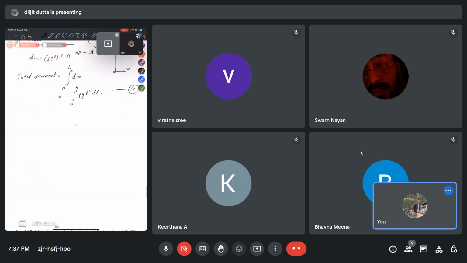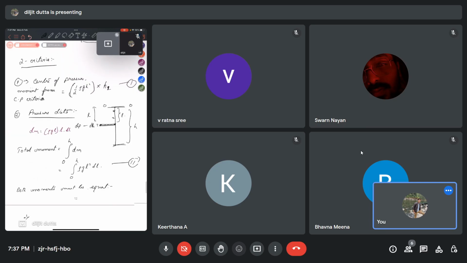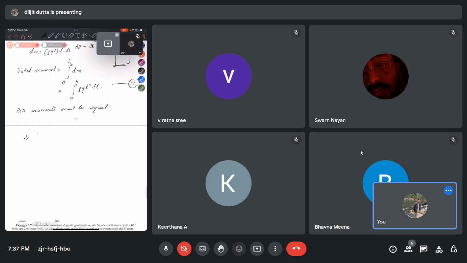So both should be equal. So what will this give? This implies half rho g h square into h dash equals integral from 0 to h of rho g l square dl.